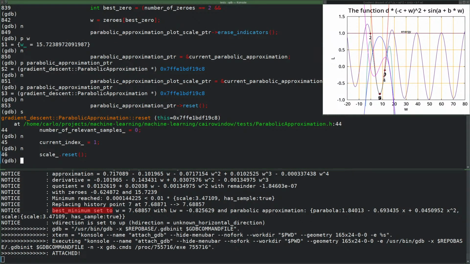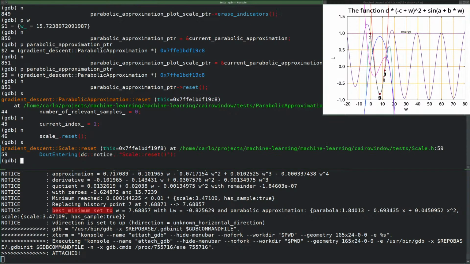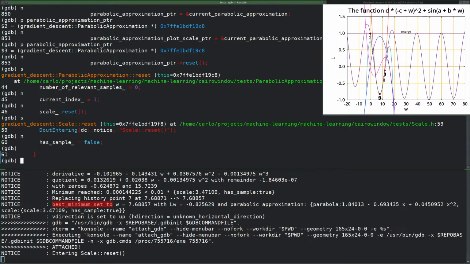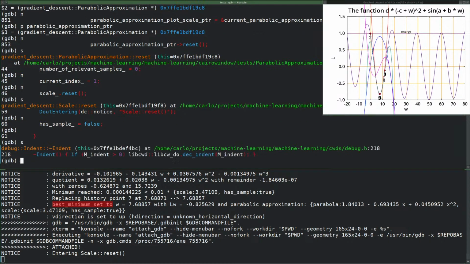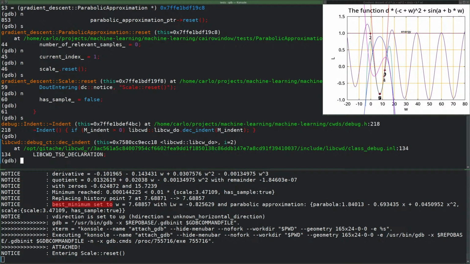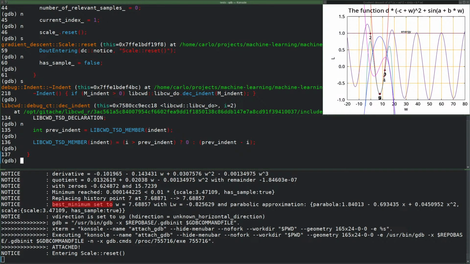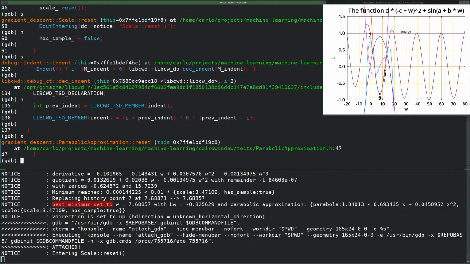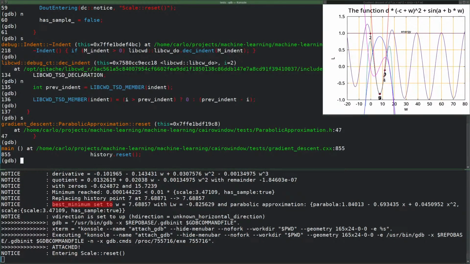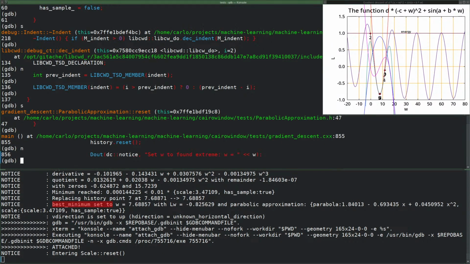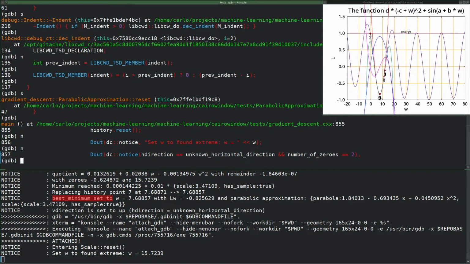The scale is reset. Oh boy. Into the debugging code. History reset. Tell you found extreme at 15.7.